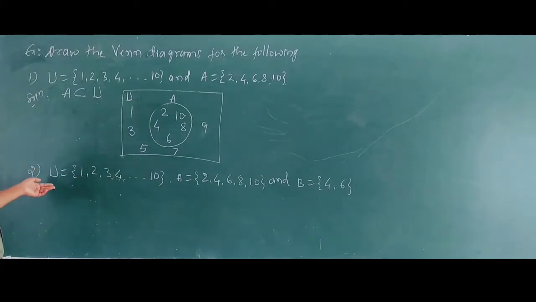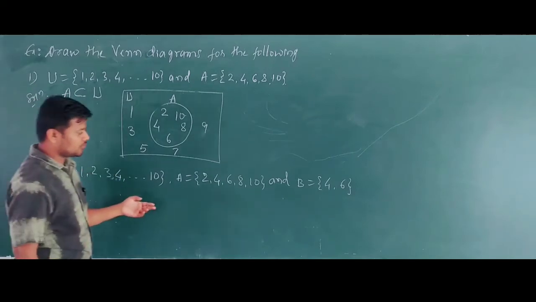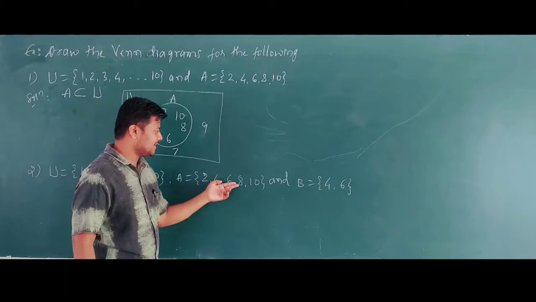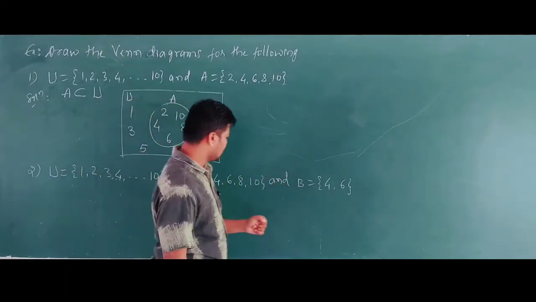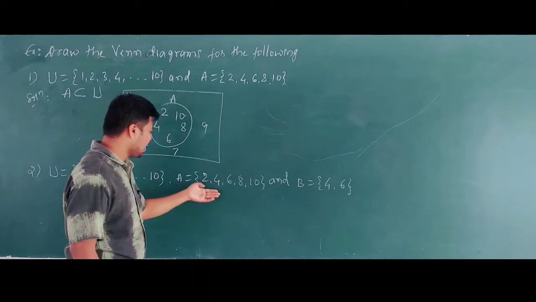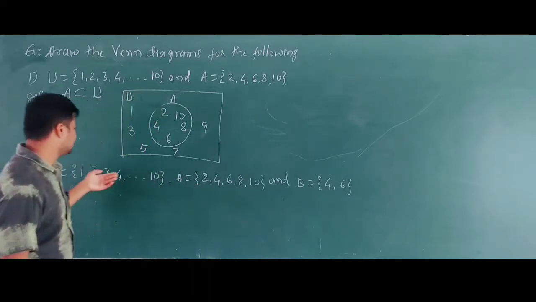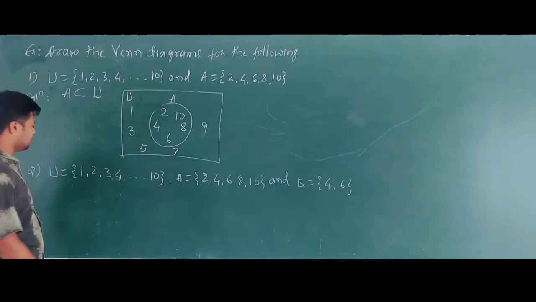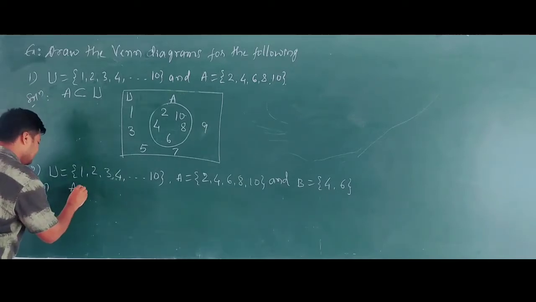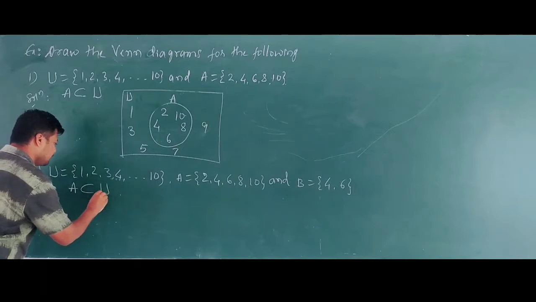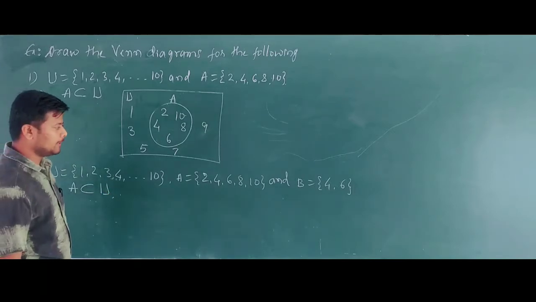Next example. The universal set is 1, 2, 3, 4, 5, 6, 7, 8, 9, 10. Set A equals 2, 4, 6, 8, 10 and set B is 4, 6. First of all, A is a subset of U. And what about B?